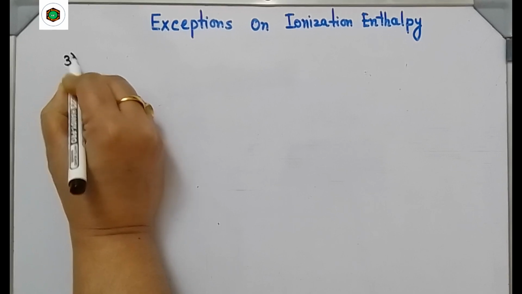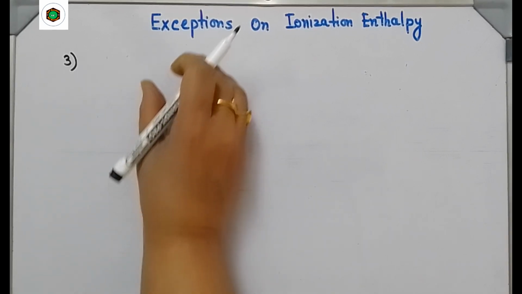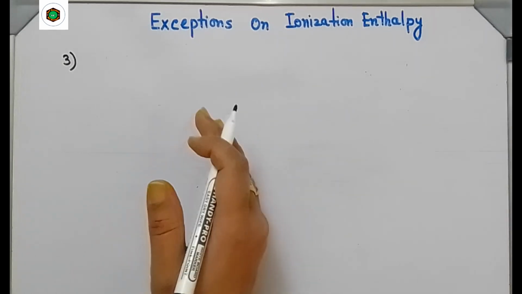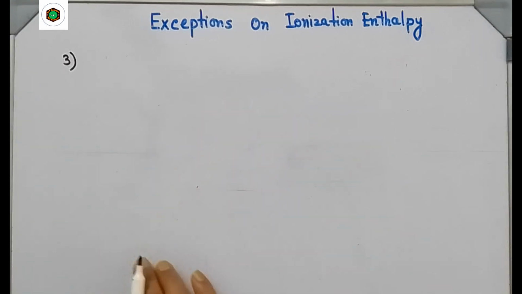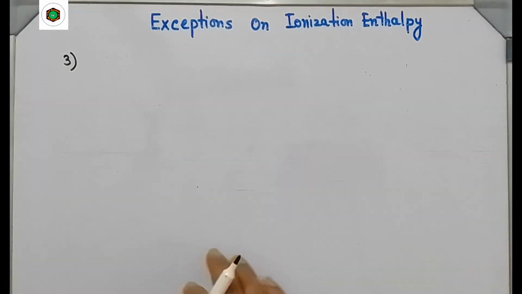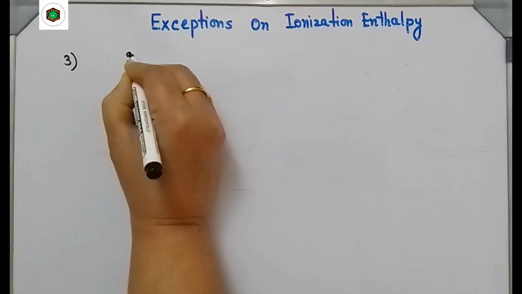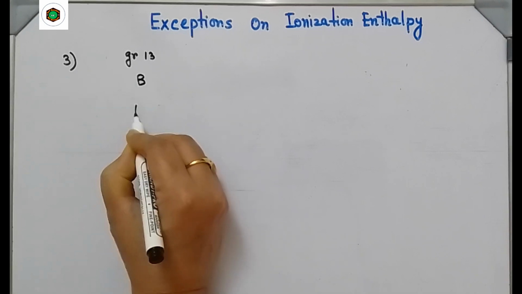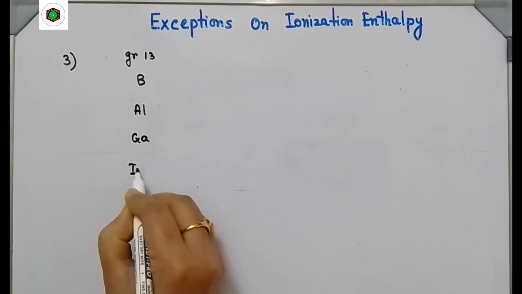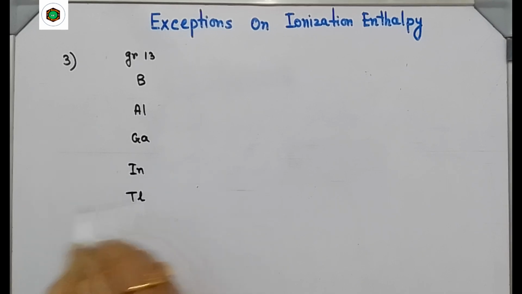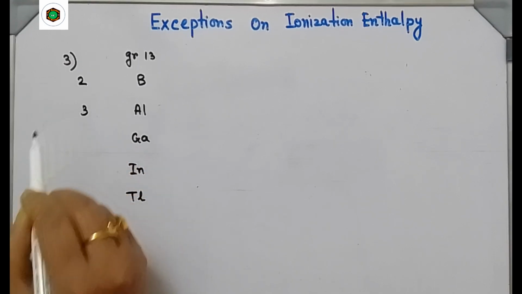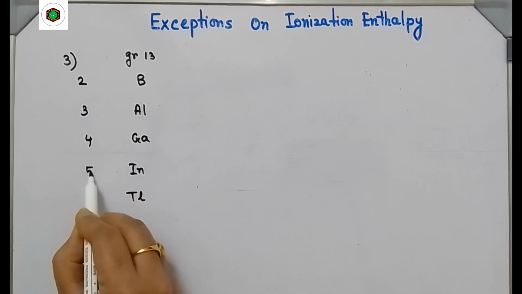Now we will see next exception. We know as we go down the group in the periodic table, there is increase in the number of shell. So electrons can easily be removed. Therefore ionization enthalpy decreases as we go down the group. Now if you consider group 13 elements, boron, aluminium, gallium, indium, thallium. It is in period 2, it is in 3, it is in 4, this is 5, this is 6.